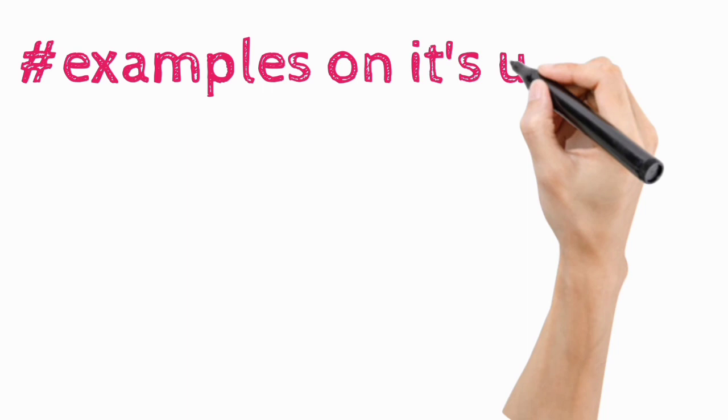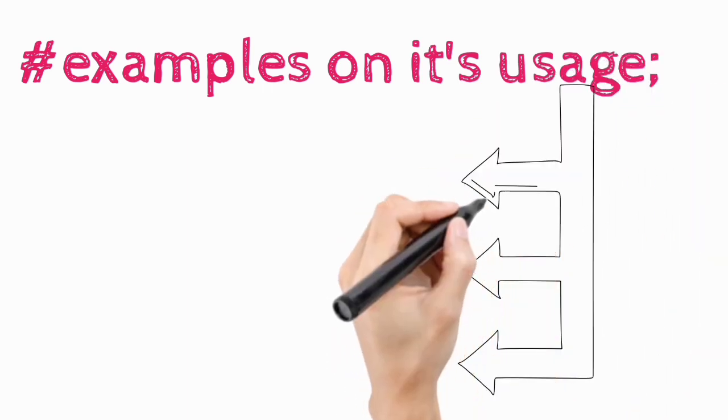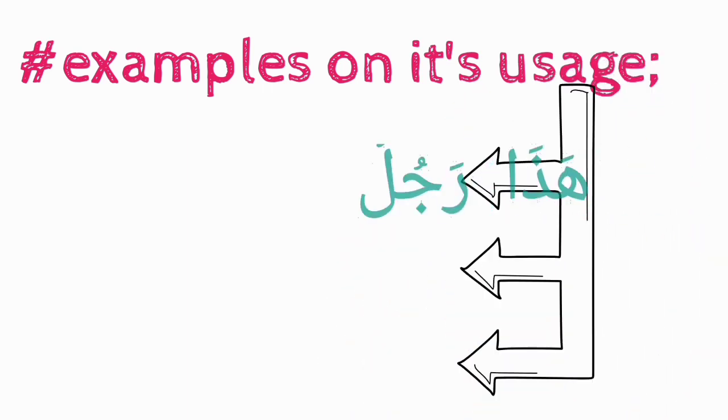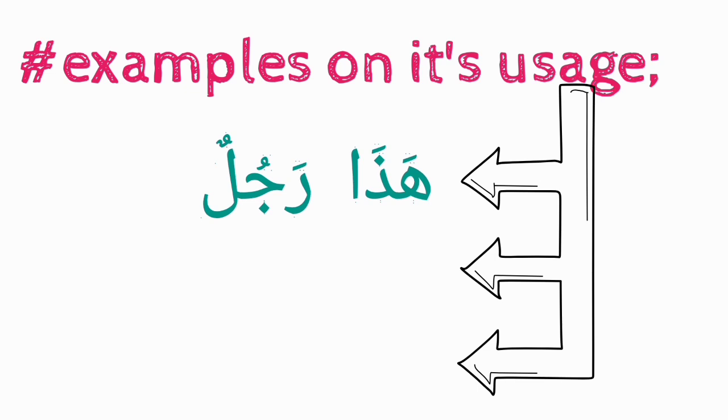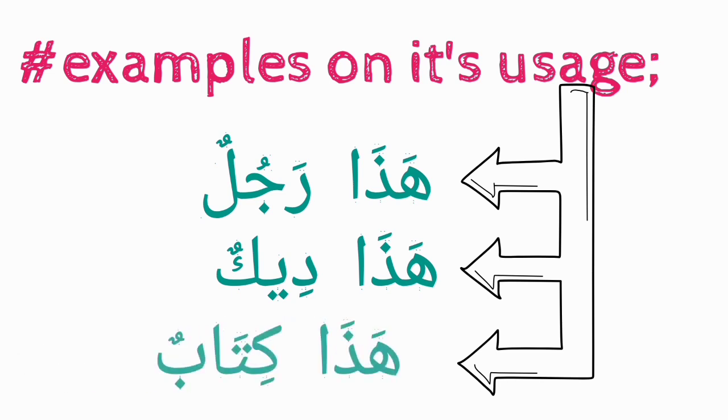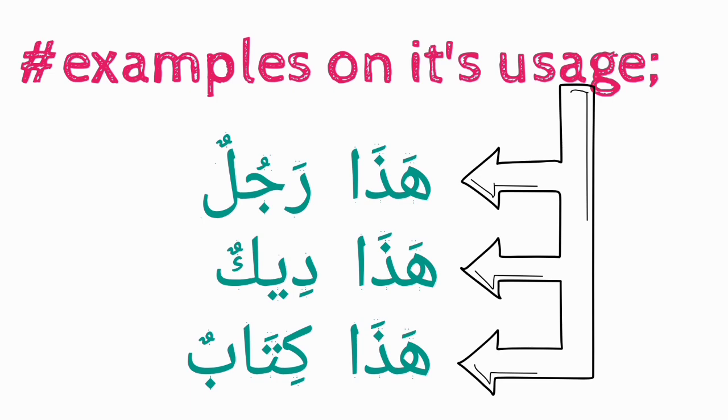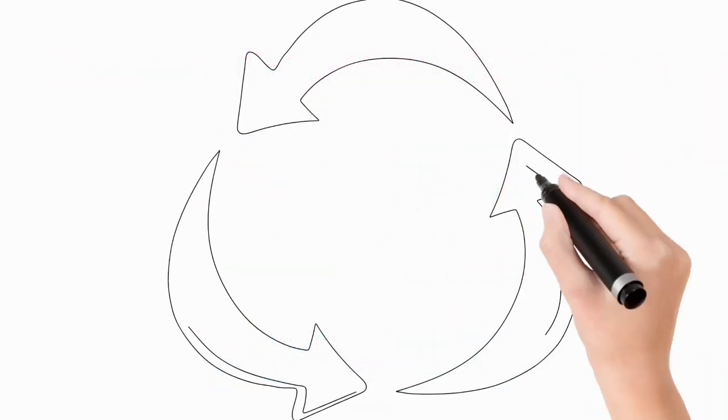It doesn't change, it remains haza in all conditions. Now examples on how you can use haza: we have haza rajulun, this is a man. Haza dikun, this is a rooster. And haza kitabun, which means this is a book.